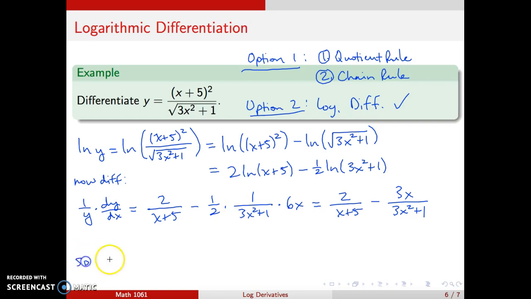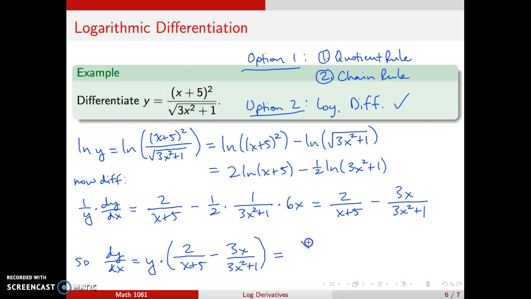So dy dx equals y times the quantity 2 over x plus 5 minus 3x over 3x squared plus 1. I don't want that y there. I know what y is. It's right here.